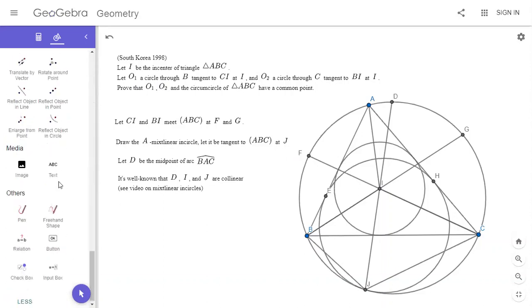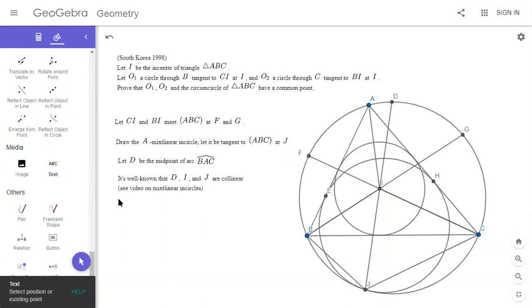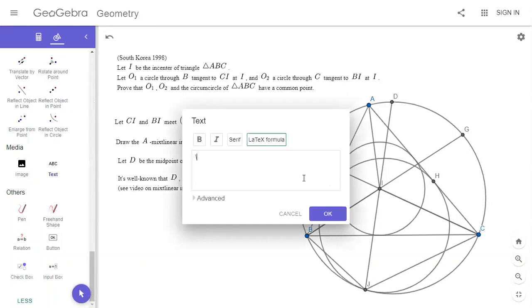So angle BJI is angle BJD, which is half of, it's really half of arc BD, which is a quarter.